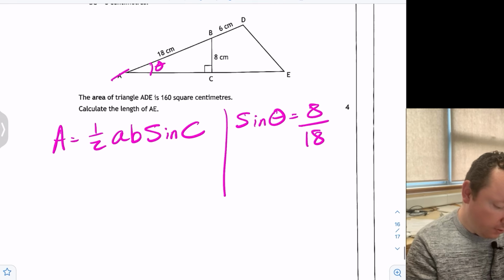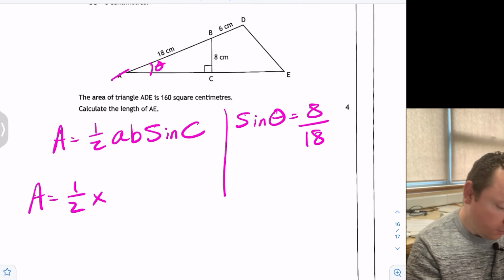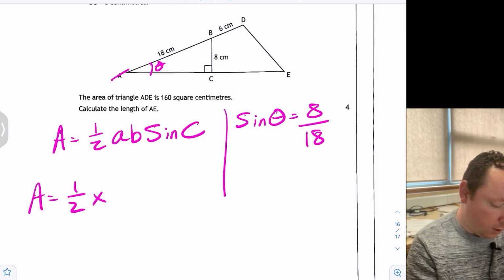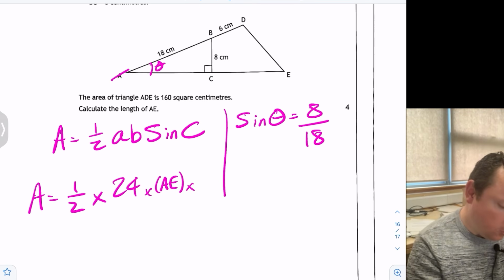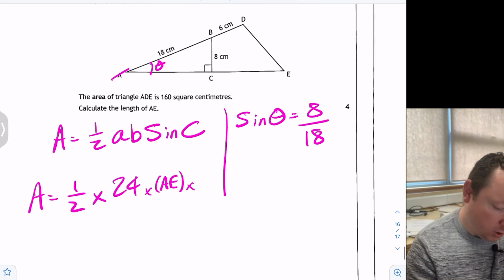So that means our area is equal to a half times this length, 18 and 6 is 24, times this length, which we could call A to E. I'll just call that AE for clarity, times the sine of the angle in between, which is 8/18.